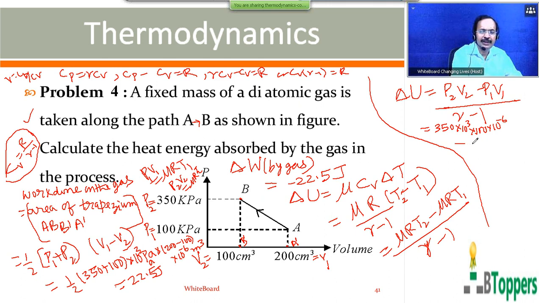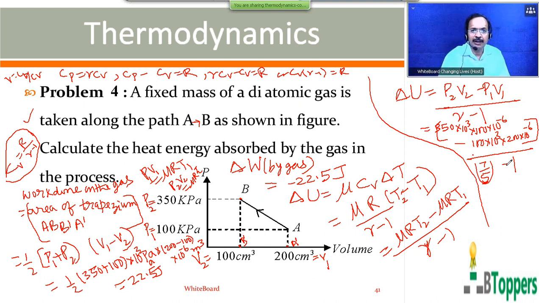P1 is 100 kilopascal, that is 100 into 10 cube pascal, into V1 is 200 cubic centimeter, that is 200 into 10 power minus 6 cubic meter. All divided by gamma minus 1. Gamma is 7 by 5 for a diatomic gas.